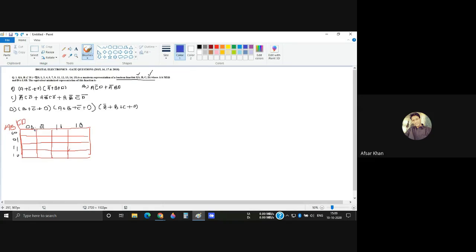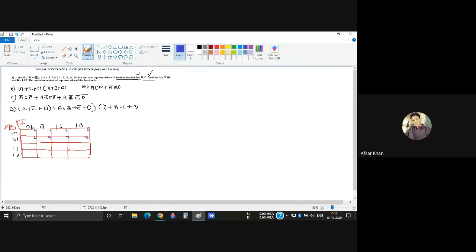This corner is 0, then this is 1, this is 3, this is 2. This is 4, 5, 7, here 6.